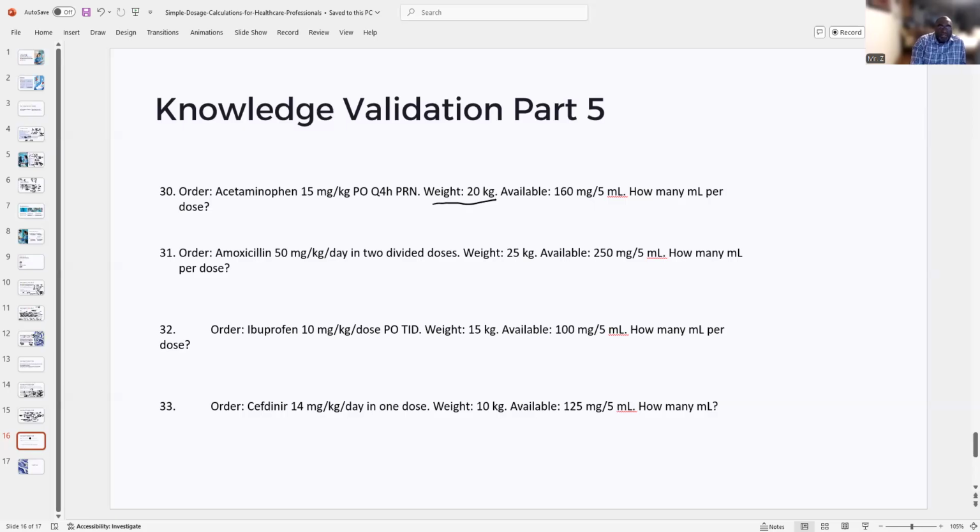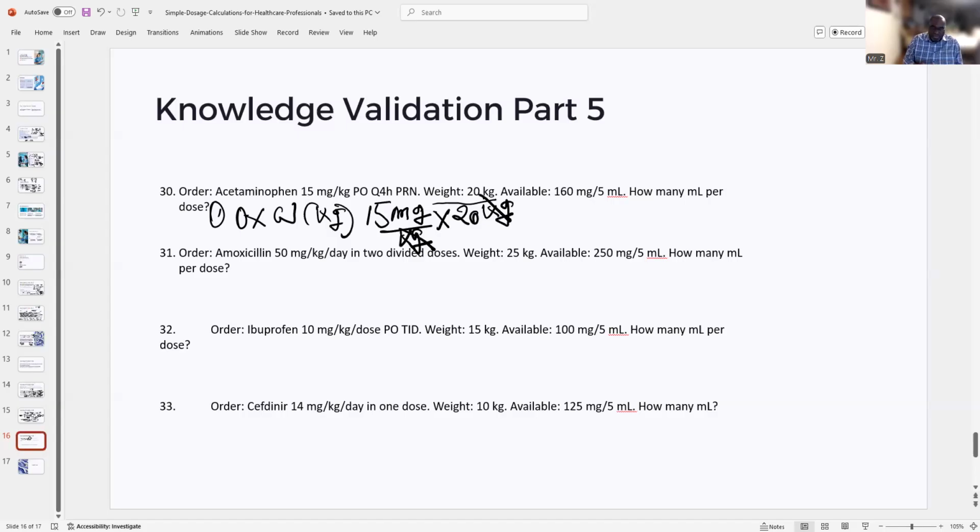Step number 1, you're going to get your order multiplied by the weight, because you need the order to be according to this person's weight. But that weight must be in kilograms. My weight is in kilograms, so I'm good. So I'm going to have 15 milligrams per kilogram, per means division. When I multiply that by 20 kilograms, the kilogram will cancel out.